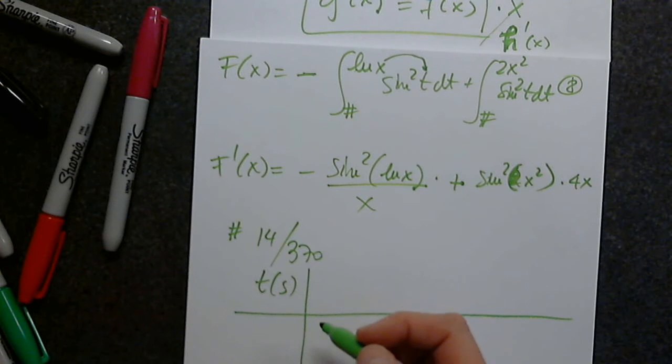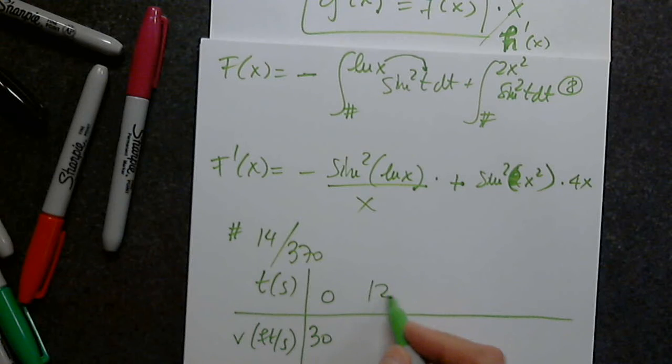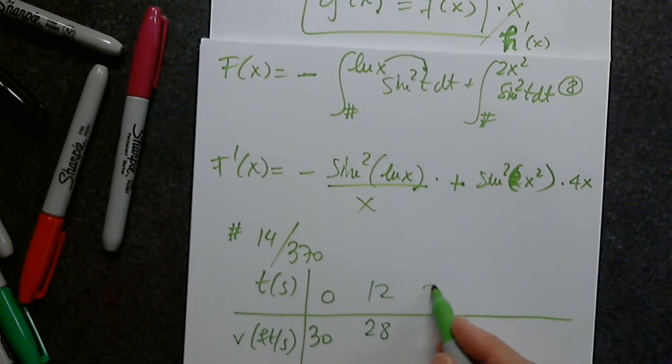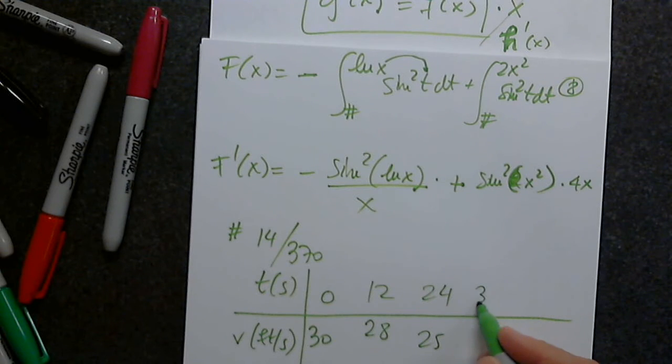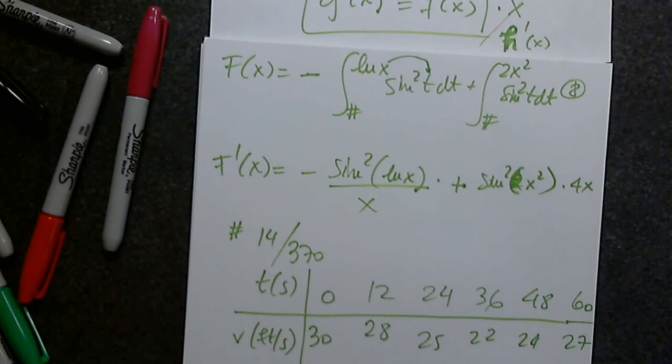I need to copy it so I don't have to go back to the book. The velocity, of course, in feet per second. 0, 30; 12, 28; 24, 25; 36, 22; 48, 24; and 60, 27.